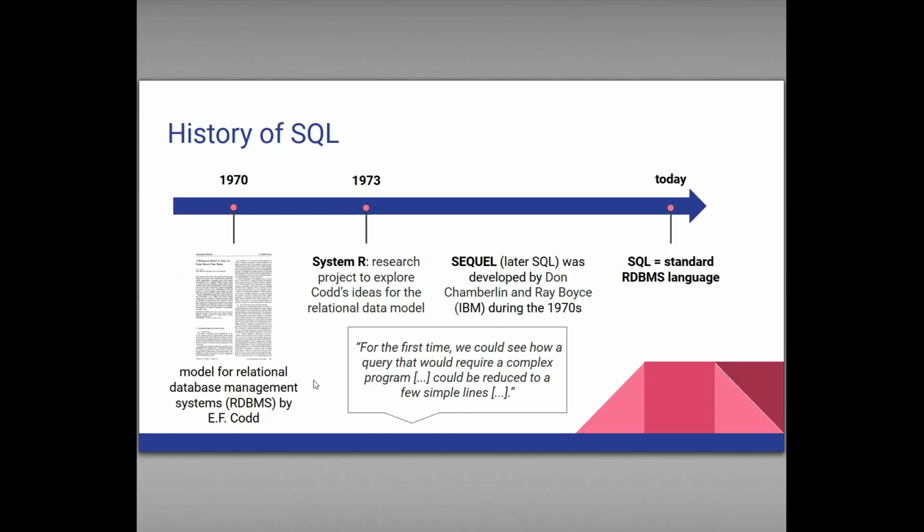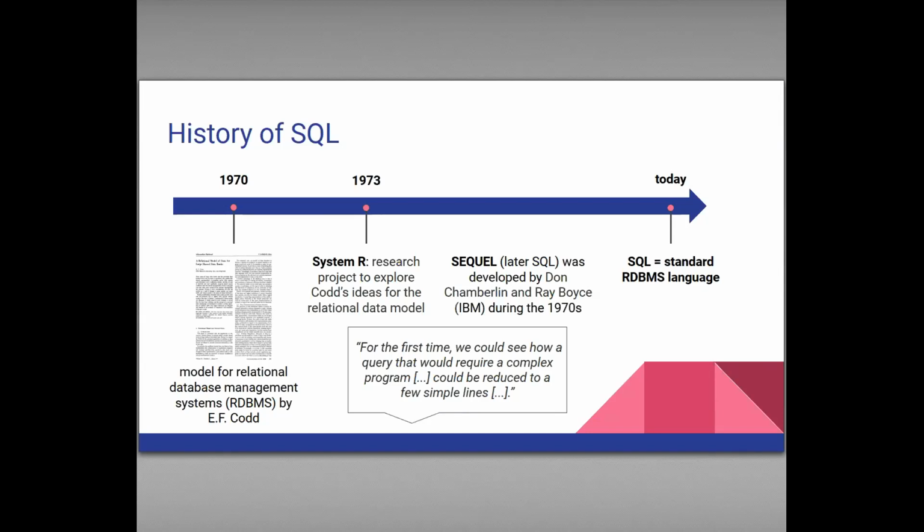In his paper, Codd also proposed a set of operations to extract data from these relational databases. This was the basis for System R, which started in 1973. It was a research project to explore Codd's ideas, led by Don Chamberlin and Ray Boyce. They then developed SQL, which was called SEQUEL later, during the 1970s.